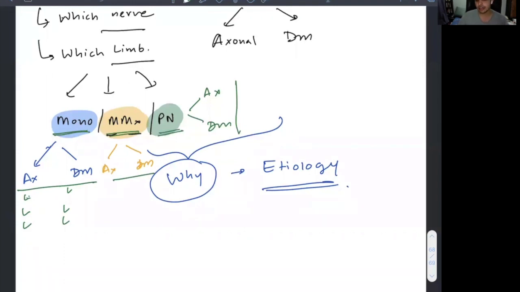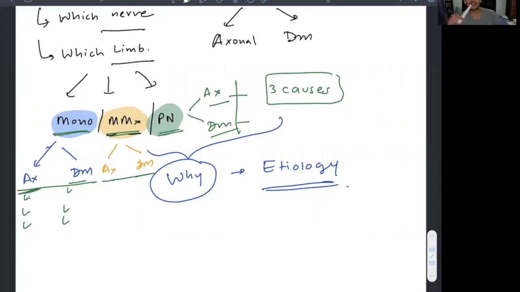Under each column, you'll make axonal and demyelinating, and under each one, you'll write 3 causes. Okay, and this could be the first homework that I've ever given you, but that's all right. So tomorrow we can actually discuss which are the 3 causes in each one.